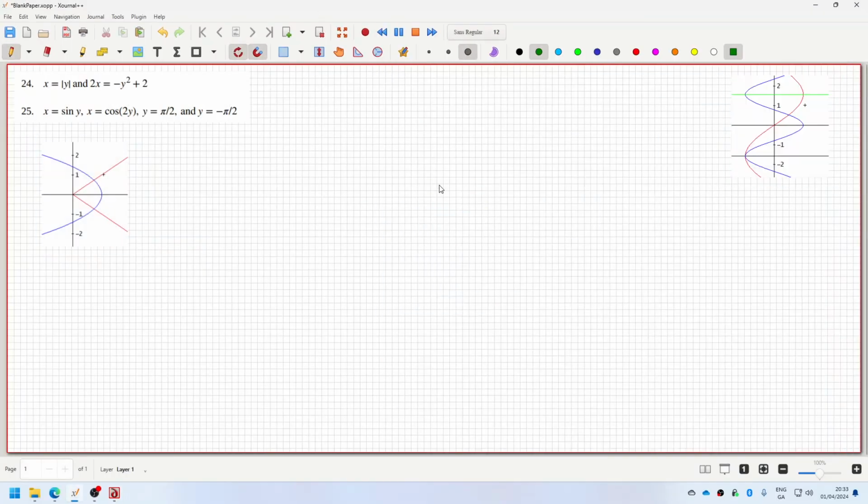Okay, so for 24, well, it's just this region here. So I just need to get that point. It's symmetric, so it's twice the integration from 0 to that number.